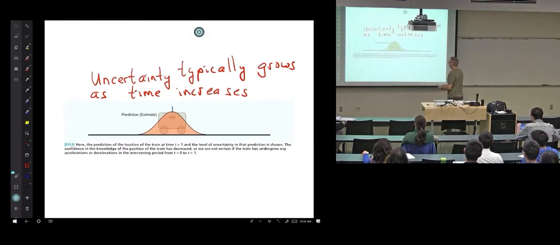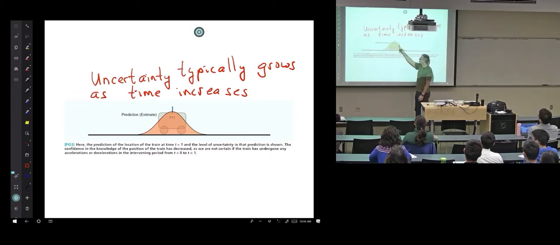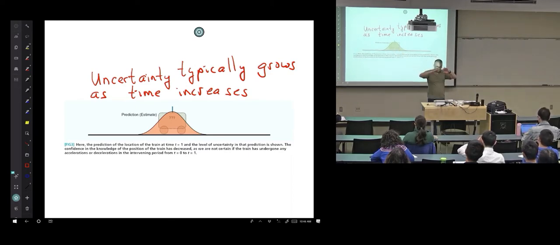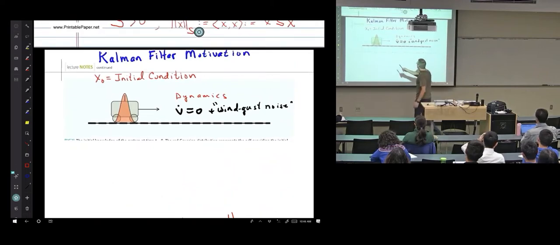One minute later, this might be our estimate of x. It's spread. Why? We had initial uncertainty in the cart, and it's being perturbed by other uncertainty here, so that's causing the uncertainty to grow.